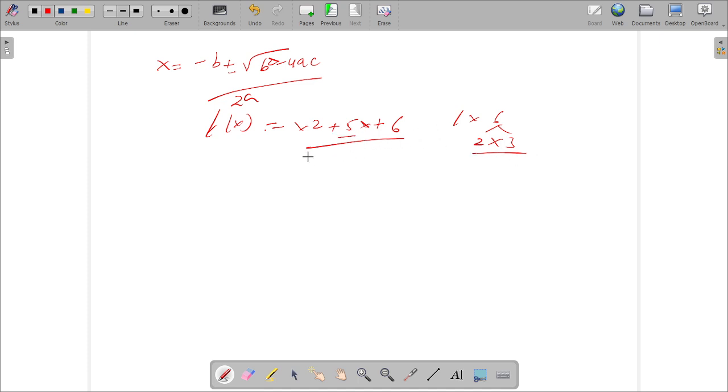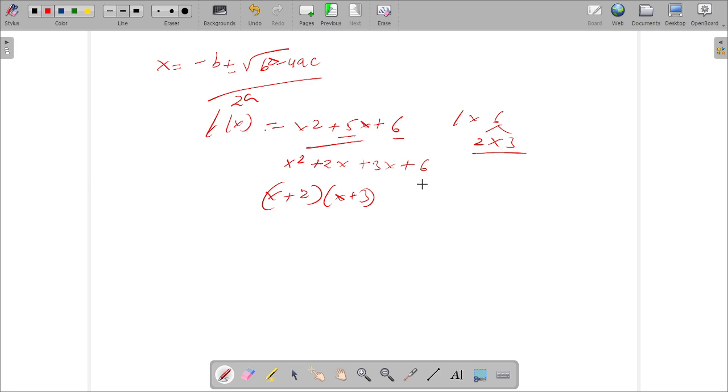So 2 plus 3 equals 5. So x square plus 2x plus 3x plus 6: you can split the middle number 5x as 2x plus 3x. Now you can take x common, so this can be written as x plus 2 into x plus 3.